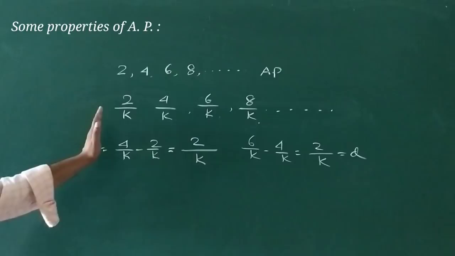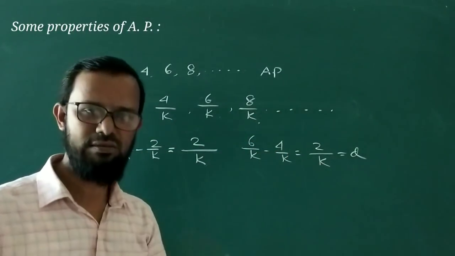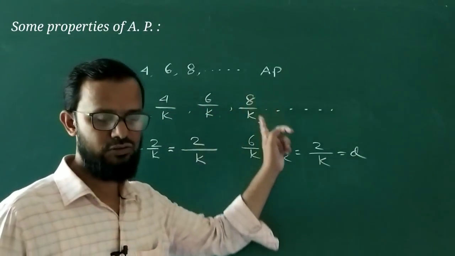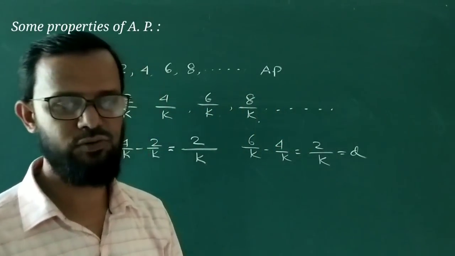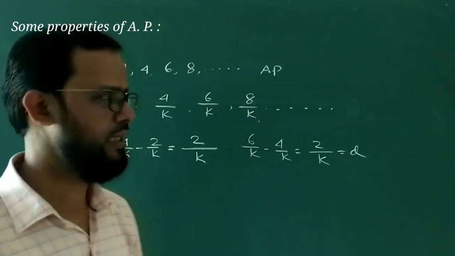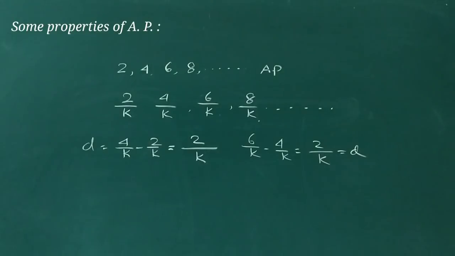That's why this new sequence after dividing the original AP by non-zero constant k, again becomes an arithmetic progression, okay. So these are the few properties of arithmetic progression.